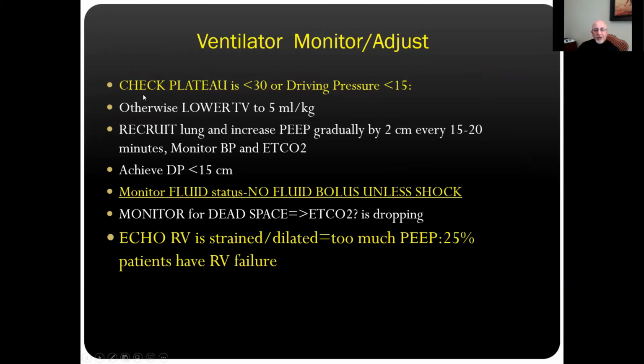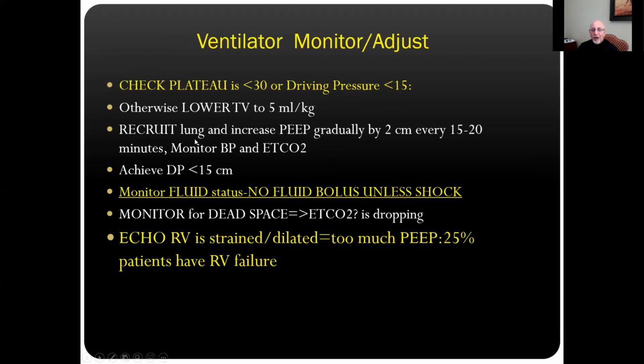So, as I've mentioned, we should check the plateau pressure is less than 30. If the plateau pressure is greater than 30, one should continue to lower the tidal volume to 5 cc's per kilogram. Currently, we also are checking the driving pressure based on the plateau pressure, which I will discuss in the next slide.